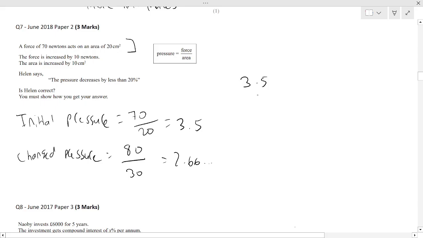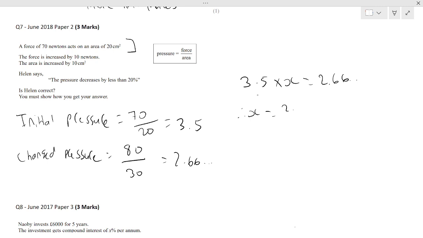So our initial pressure is 3.5, and it's being decreased by some multiplier, which is x here. That multiplier represents the percentage change, and that will then lead to a changed pressure of 2.66. So therefore, if you divide by 3.5 to solve for x, your multiplier is going to be 2.66 recurring over 3.5.